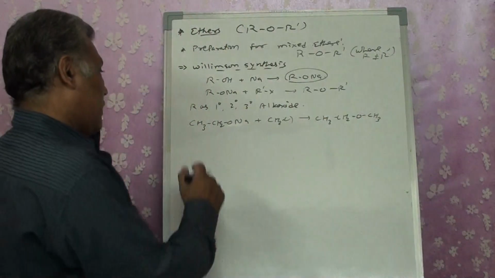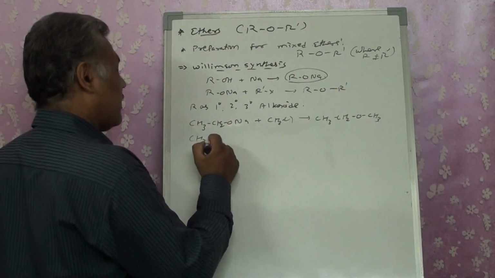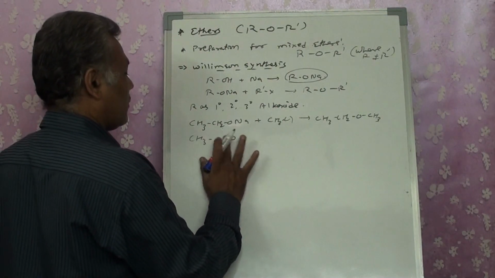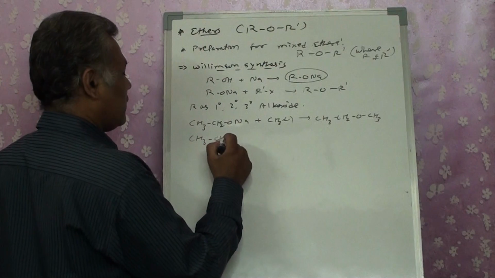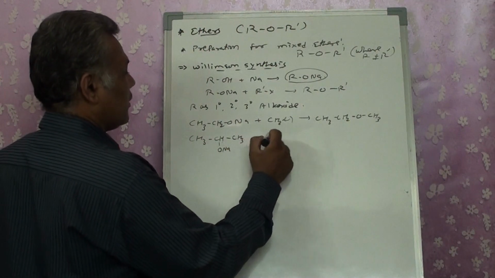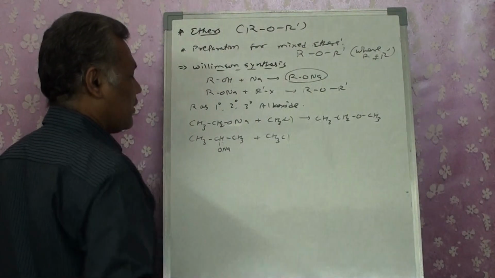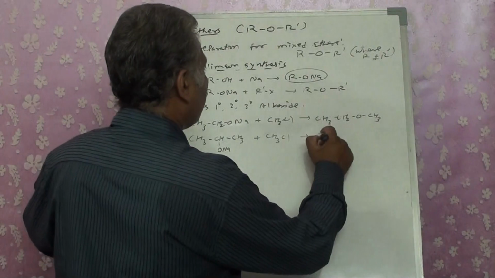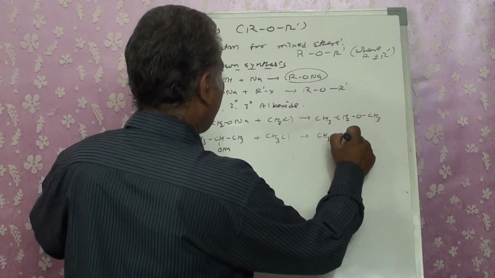Now in place of that, if I take a secondary alcohol, CH(ONa)CH3, and react it with CH3Cl, because it's secondary there won't be any problem.